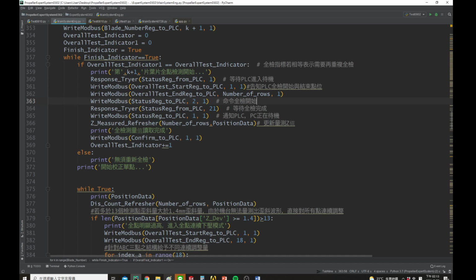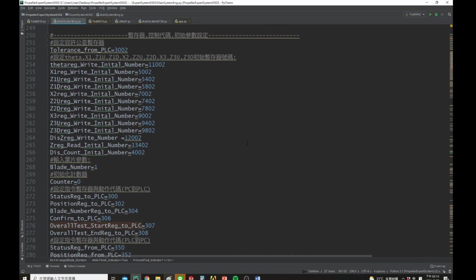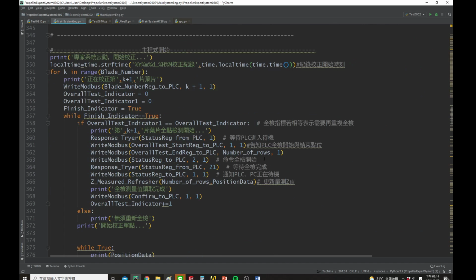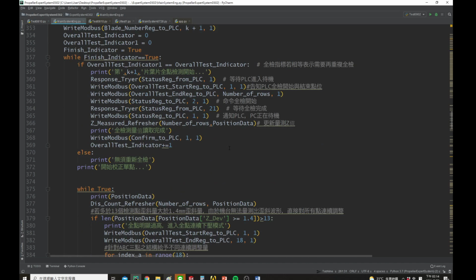This is a variable, not a function. Yes, I define this variable, and I name it clearly so the user can understand what the variable means. Then I tell it where to start and where to end.